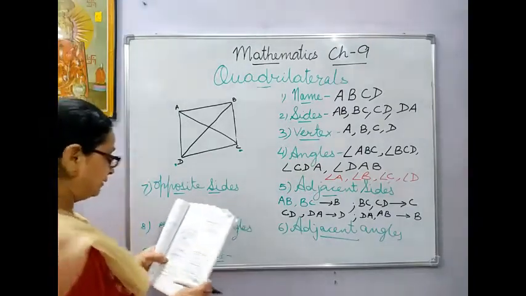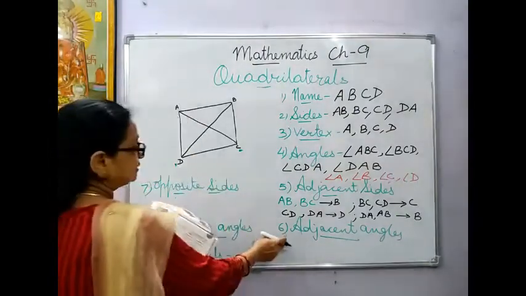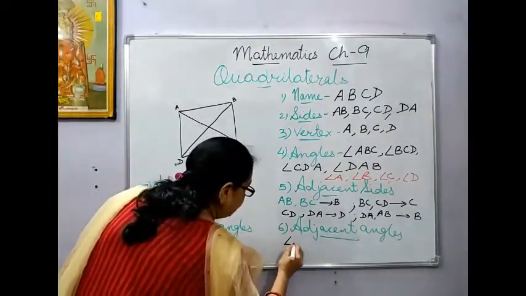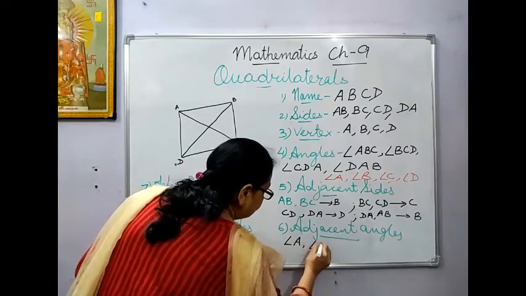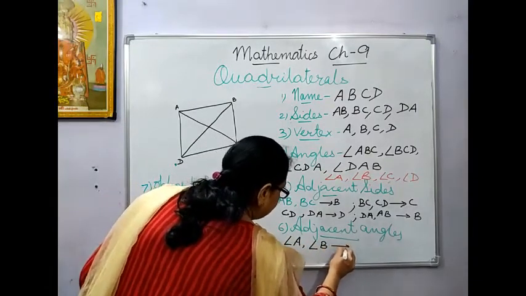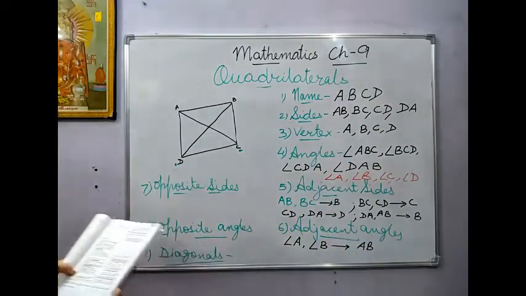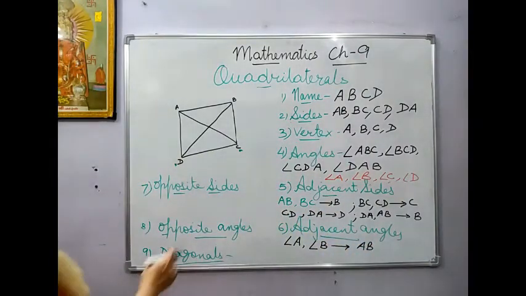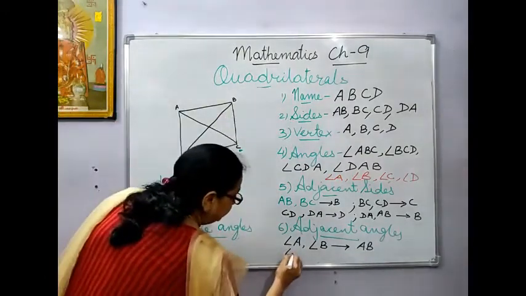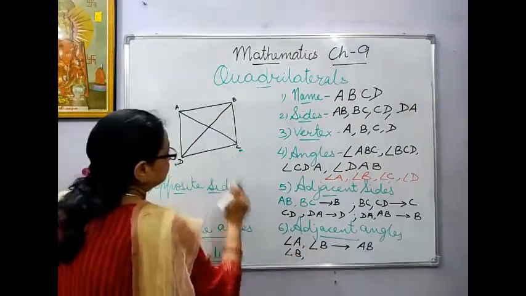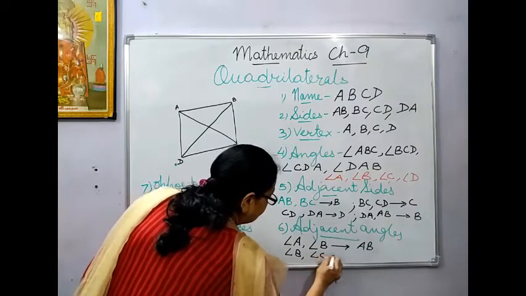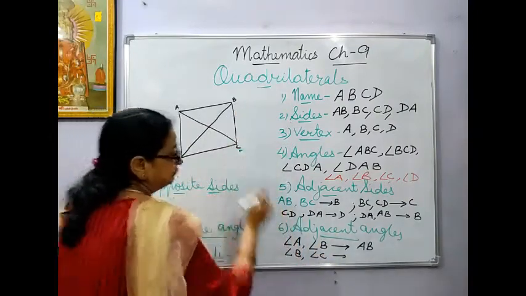So we will write down adjacent angles: angle A, angle B, and they have a common side which is AB. Have a look. Similarly, angle B, angle C, and they have a common side BC.